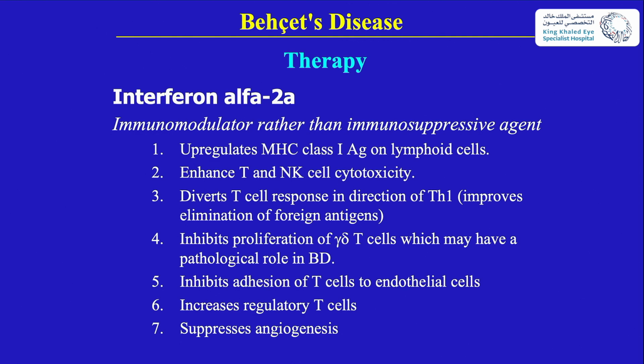Interferon alpha 2A, in fact, thanks to the late Dr. Manfred Roth from Germany, who started interferon alpha 2A for Behcet uveitis, and of course, he's from Germany. Most of his patients were Turkish. And they showed that interferon alpha 2A is an immunomodulatory drug and is very effective in patients with Behcet.